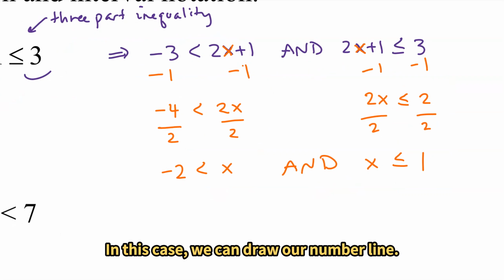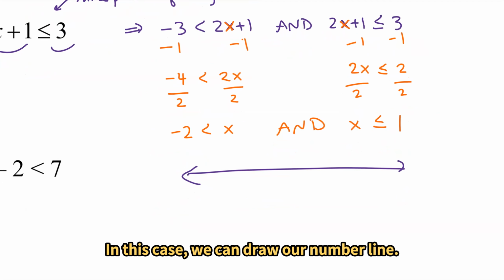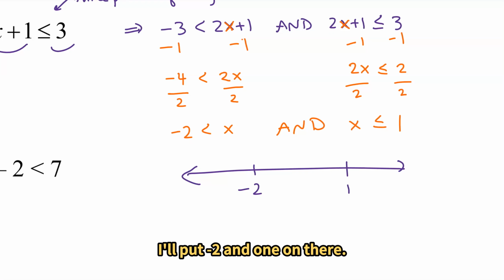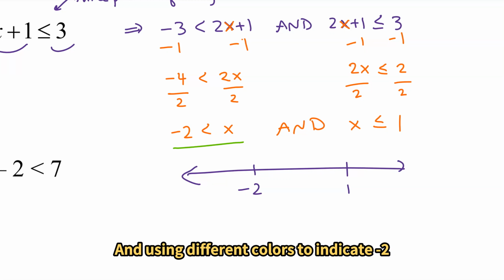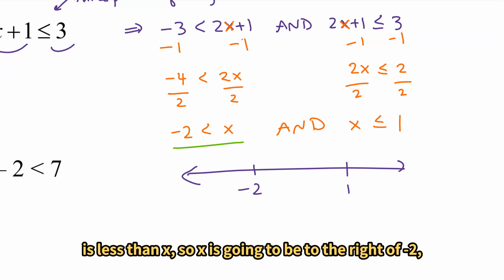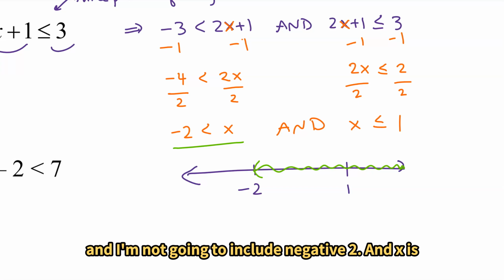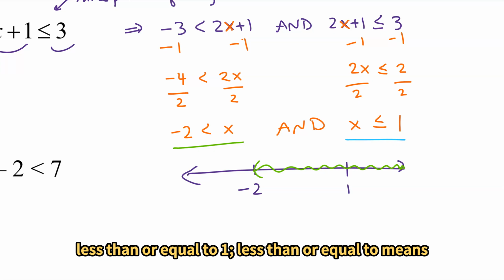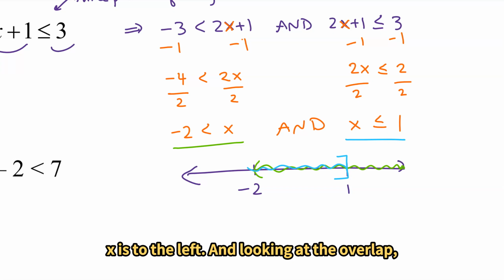In this case, we can draw our number line. I'll put -2 and 1 on there, and using different colors to indicate -2 is less than x, so x is going to be to the right of -2, and I'm not going to include -2. And x is less than or equal to 1, less than or equal to means x is to the left.